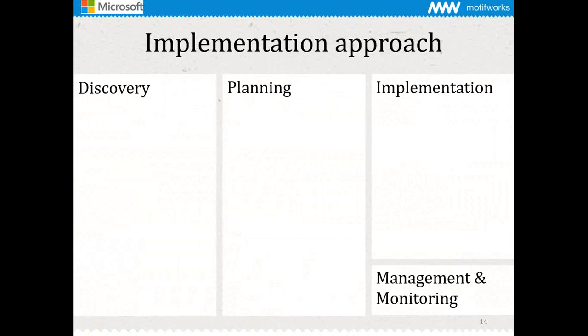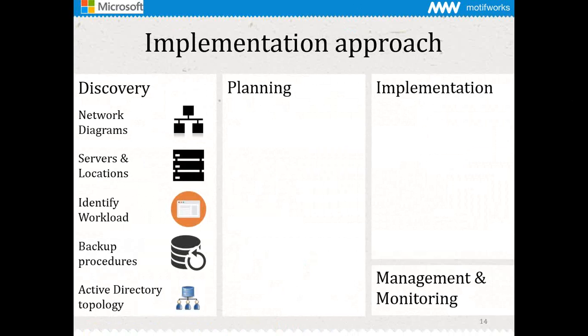I'm going to cover the first 3 in more detail. Management and monitoring requires a separate webinar in itself. In fact, all of them do, but we're going to talk more about discovery, planning, and implementation in the next few minutes. So discovery starts with your network diagrams.